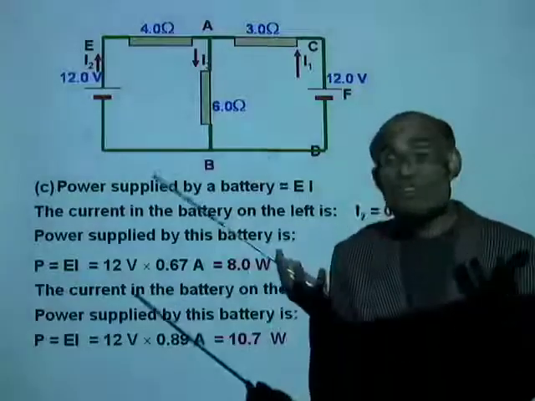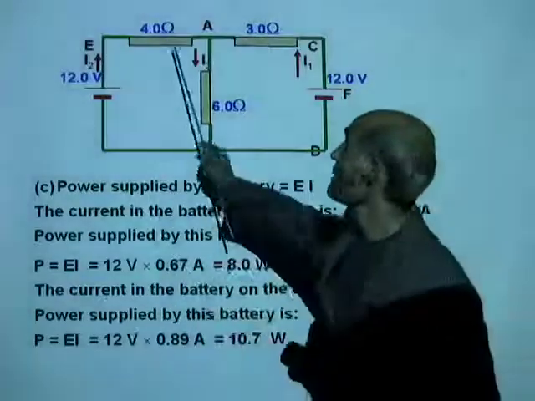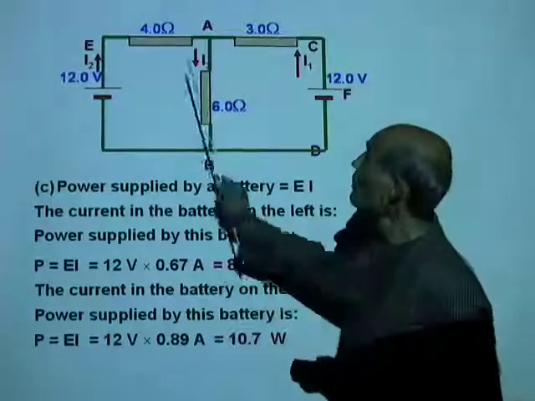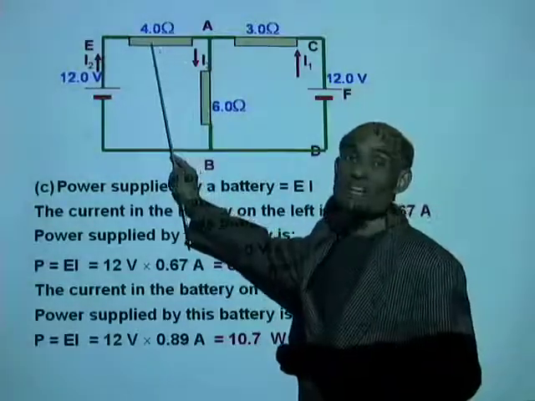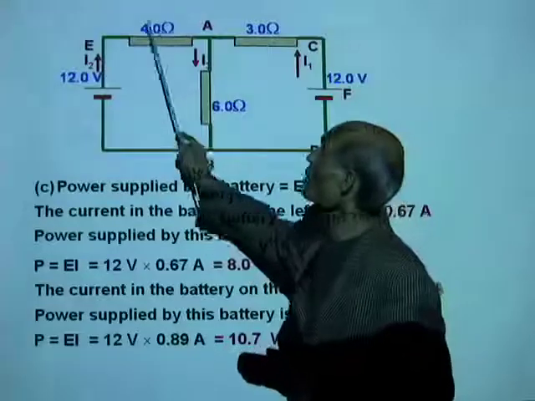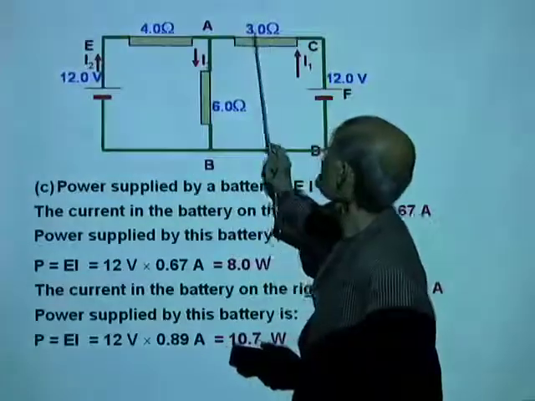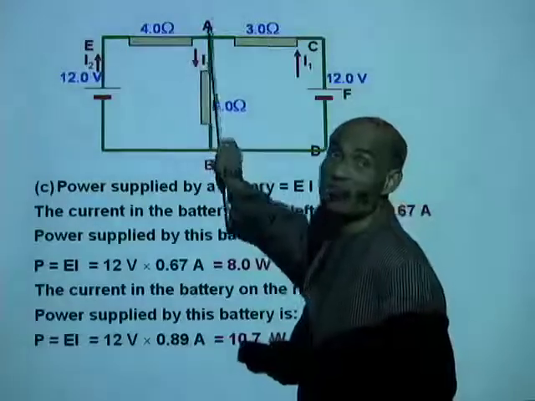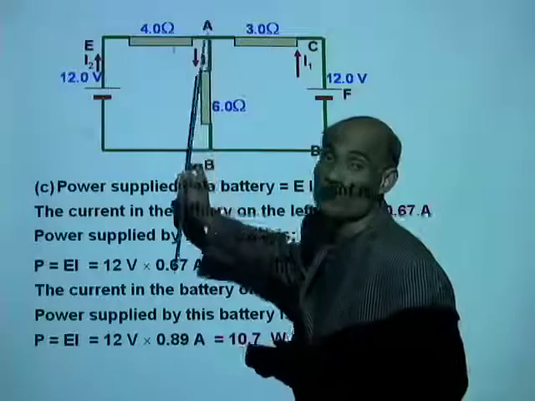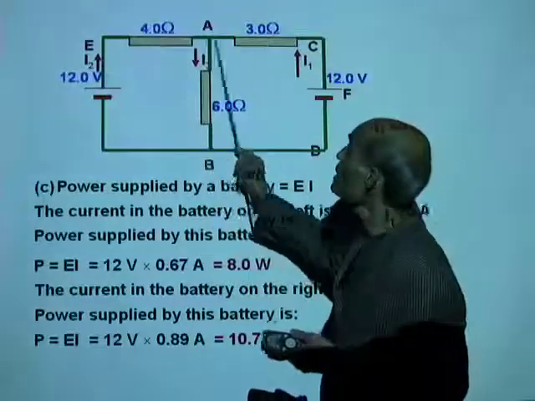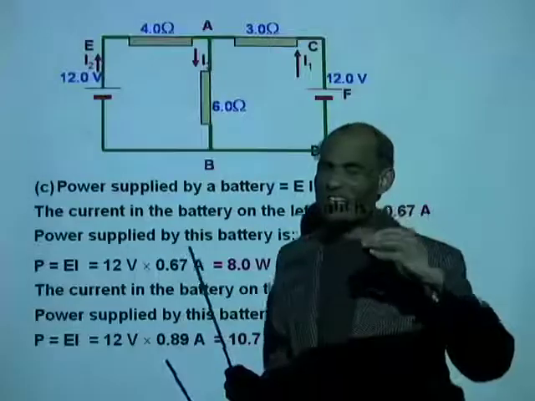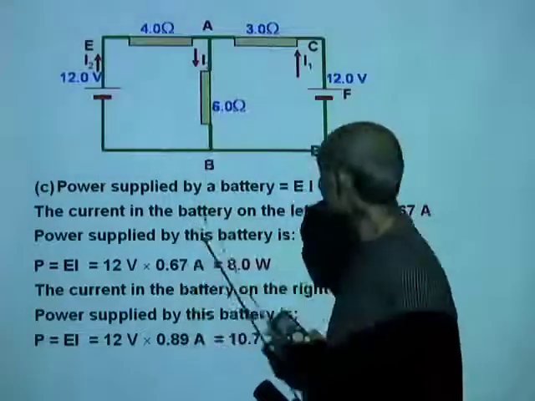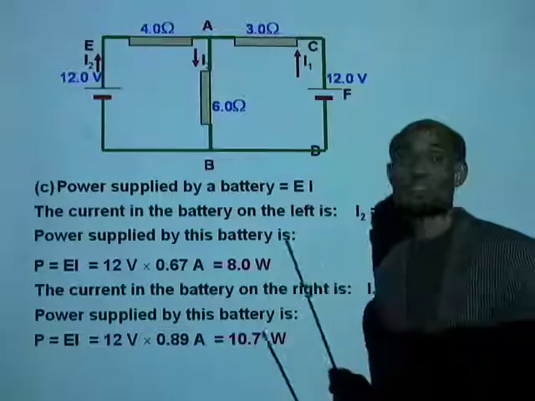And where is this power used? These powers are used up in these cells. In fact, if you find the power dissipated in each of the resistors, 4 times I2 plus 3 times I1 plus 6 times I3, now the power dissipated in each of the resistors, if you calculate separately, that will be equal to the total power supplied.